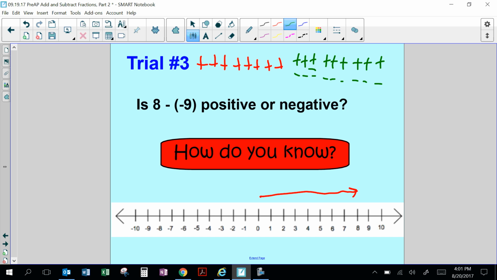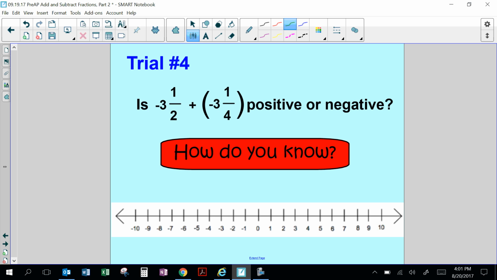So now, can I take away -9? Yes, I can. What two numbers are left? 8 and 9, which is 17. Positive. Again, there is a shortcut if you do not prefer the modeling of it. Remember something called keep the 8, add the opposite of -9, which is 9. 8 plus 9 is 17.